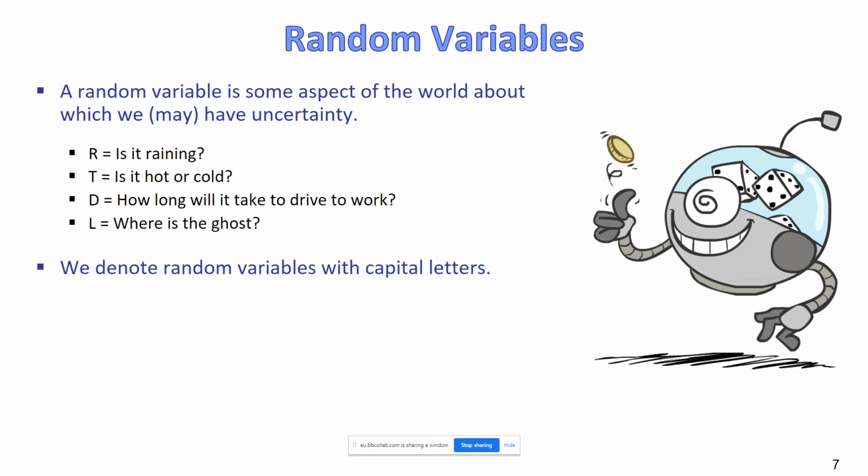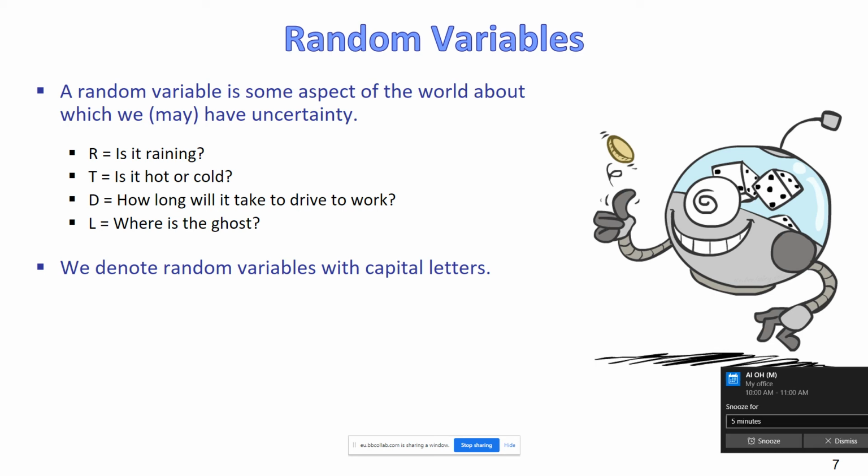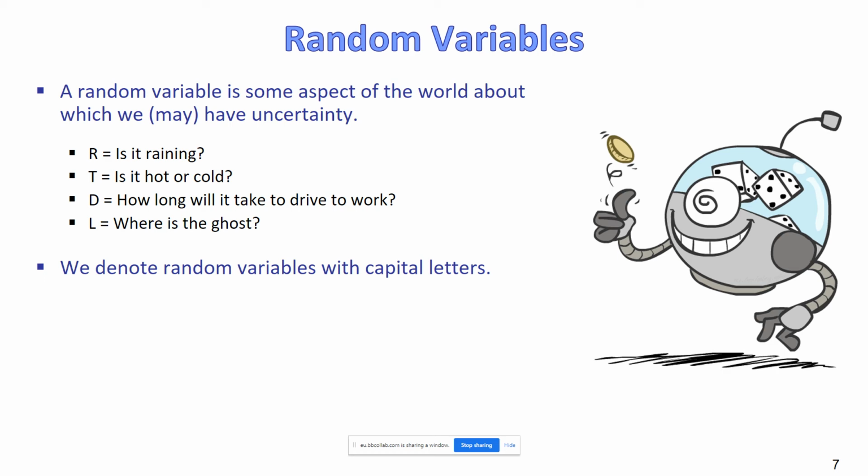Where is the ghost? What will be the sensed value in this location? What is the temperature? What are the words in the email or in the tweet or something? Okay, so all of these are random variables.